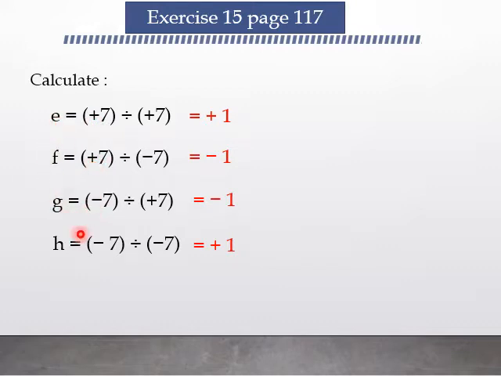In E and H we have the same sign, plus 7 or minus 7 divided by minus 7, so the answers of E and H are positive. While F and G have opposite signs, plus minus and minus plus, so the result will be negative. Okay?